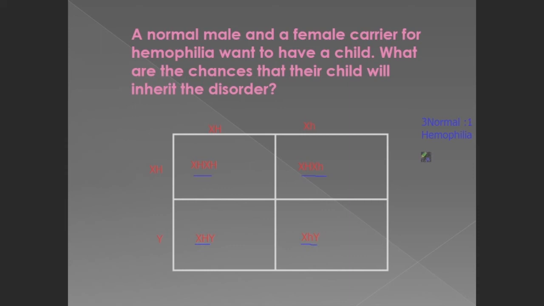If we do percentages, we would have 75% normal and 25% hemophilia. So their chances of having a child who will have this disorder are 1 out of 4. So 1 out of 4, 25%.